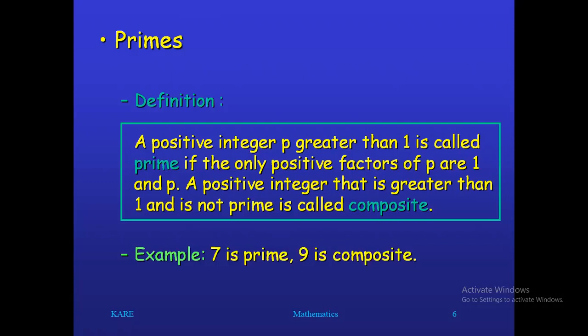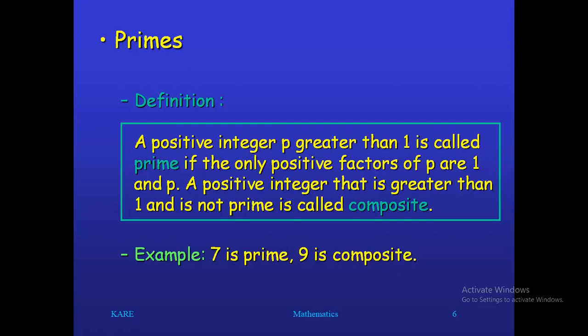I'm taking a positive integer p greater than 1, and I call that number p a prime number only if its only positive factors are 1 and p alone. Only in such a case, we call that number p a prime number.